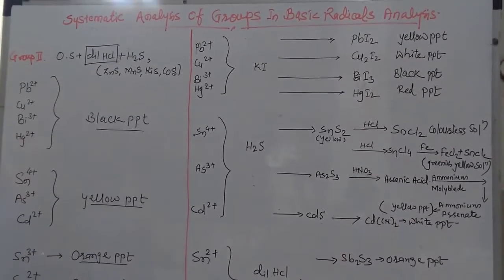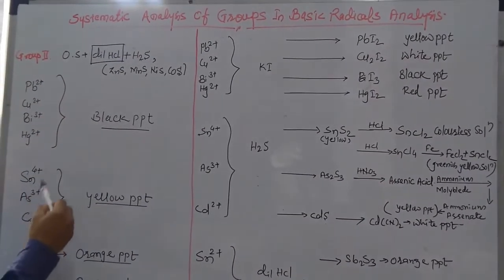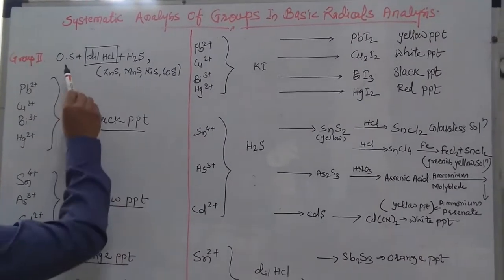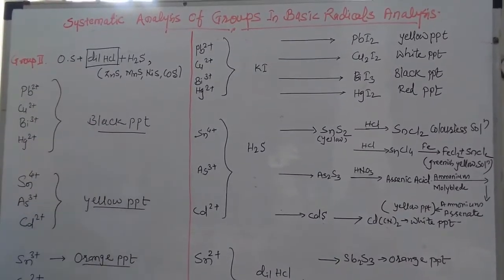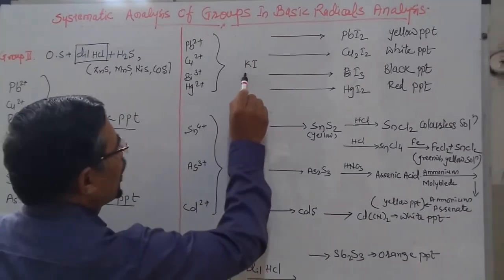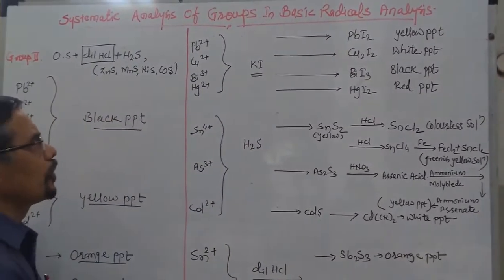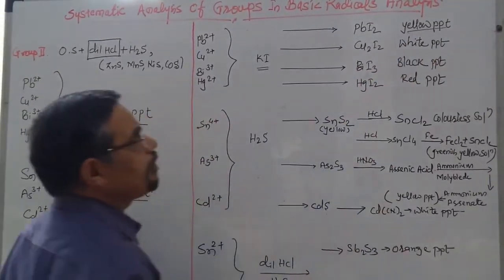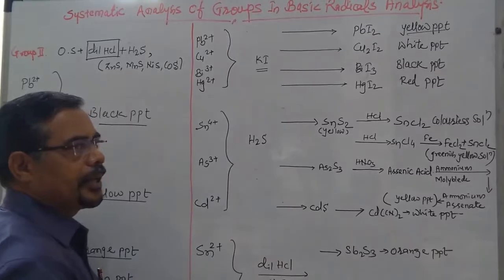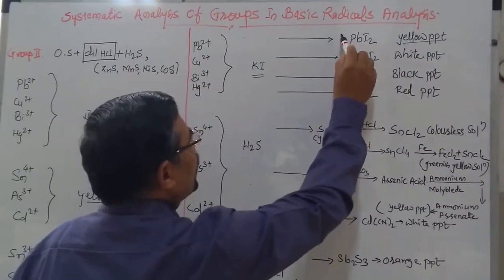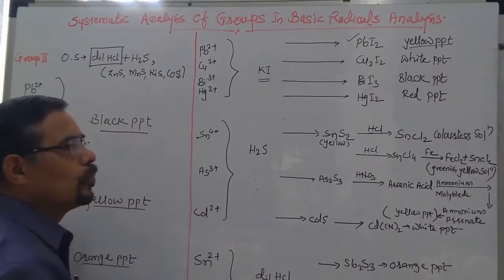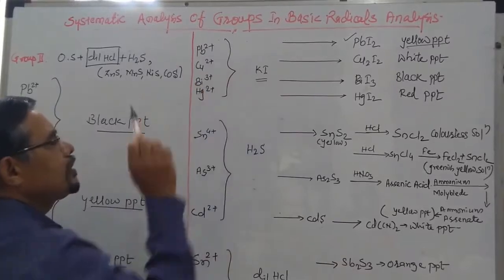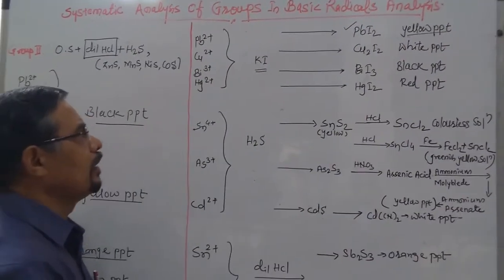Now, we will separate this group of radicals into individual radicals. For example, in the original solution of this mixture, if we add potassium iodide, that is KI solution, and there is a formation of yellow colored precipitate, this indicates formation of PbI2, and that indicates the given mixture contains Pb2+ radical.